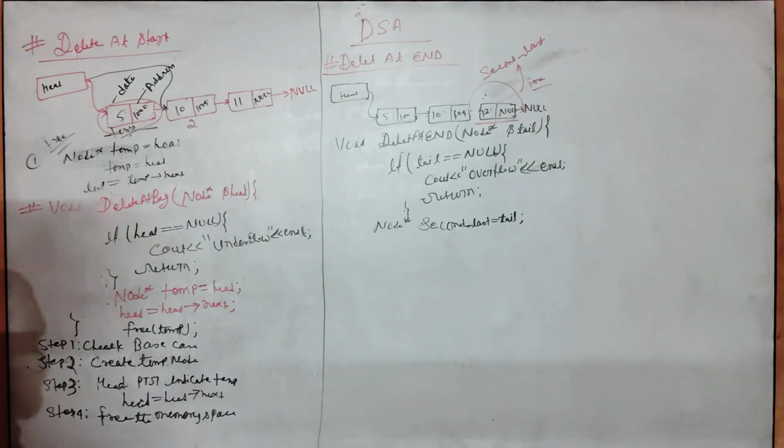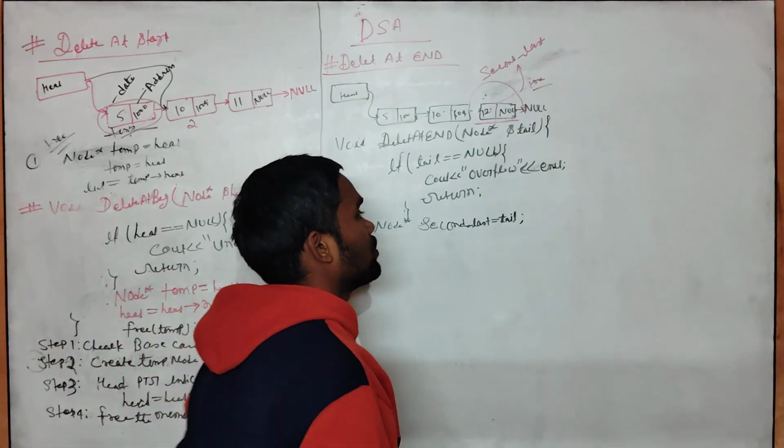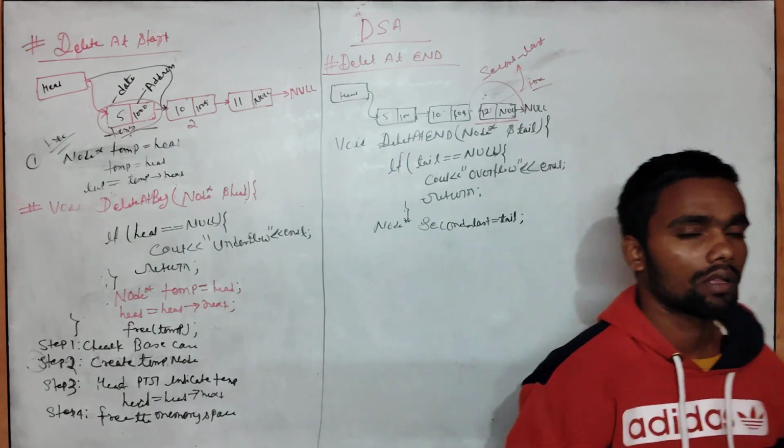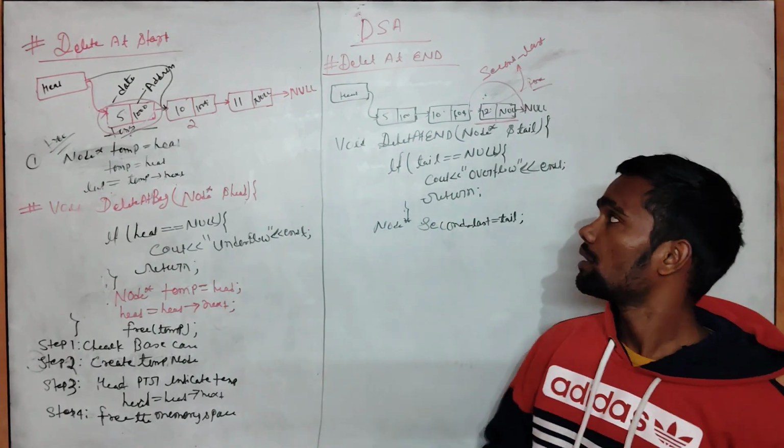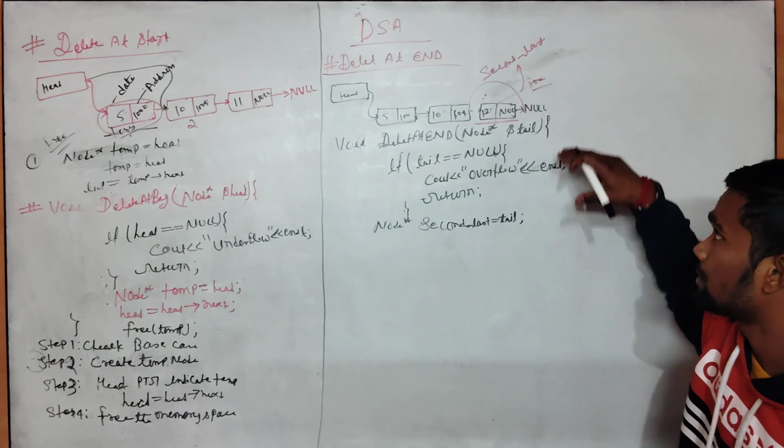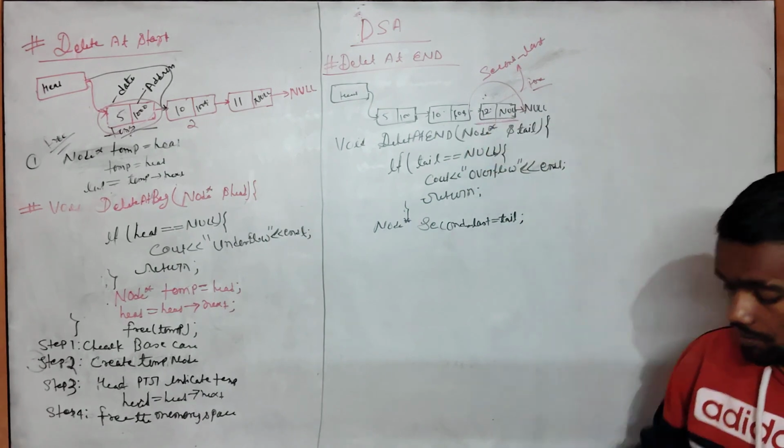Fine. Now I am going to use one loop. It will traverse the linked list because I want to delete this node.